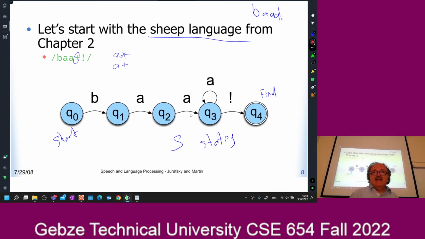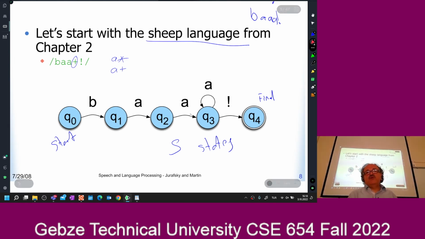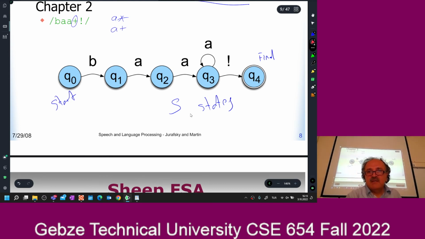Let's say I have a finite state automata that recognizes sheep language. It recognizes the sheep language. Okay? So how many words are there in the sheep language? Well, there are many words, but they are very similar. Grammar-wise, it is very easy to write. Okay, sheep words. Let me write one. This is a sheep word.